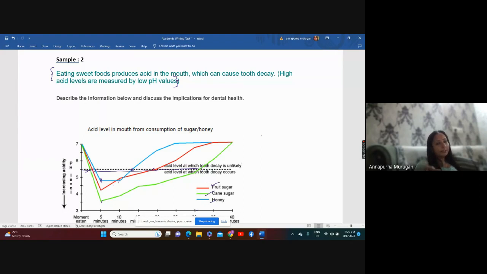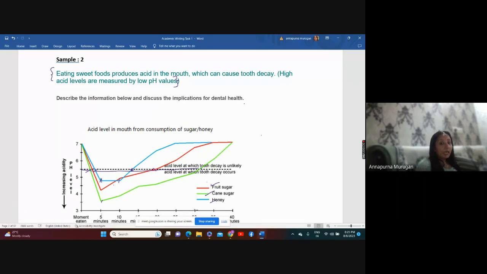Or you can give the initial overview that the pH value of the mouth above 5.5 will not contribute to tooth decay. You can even give this plain statement.